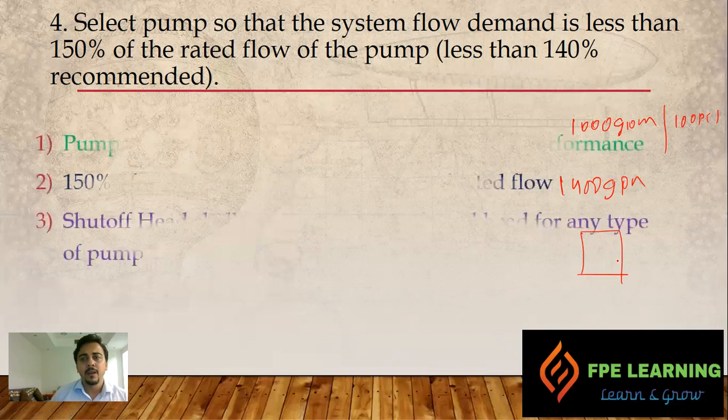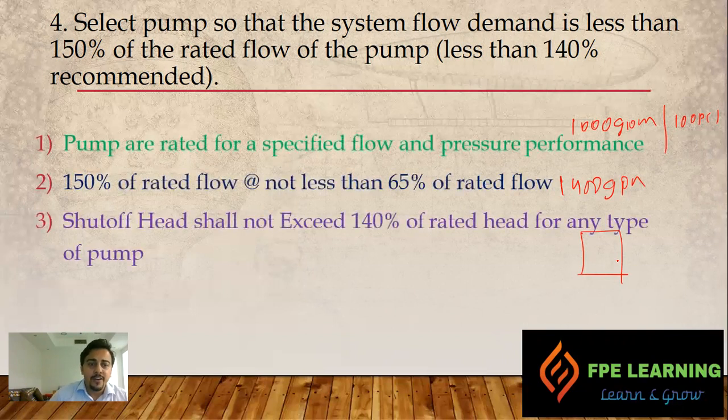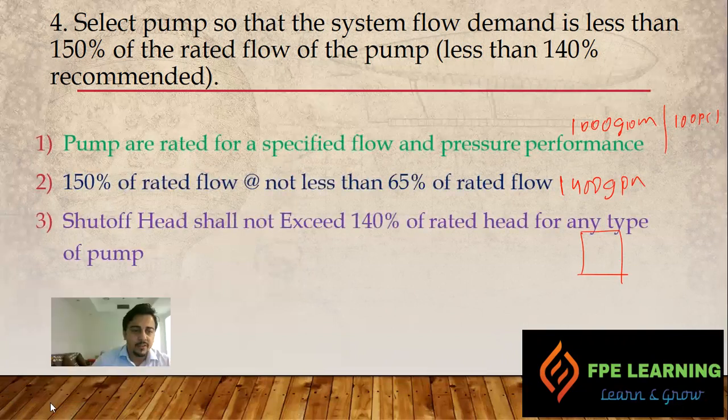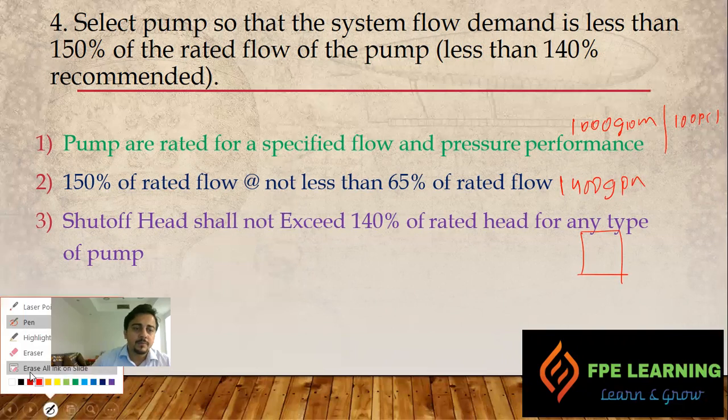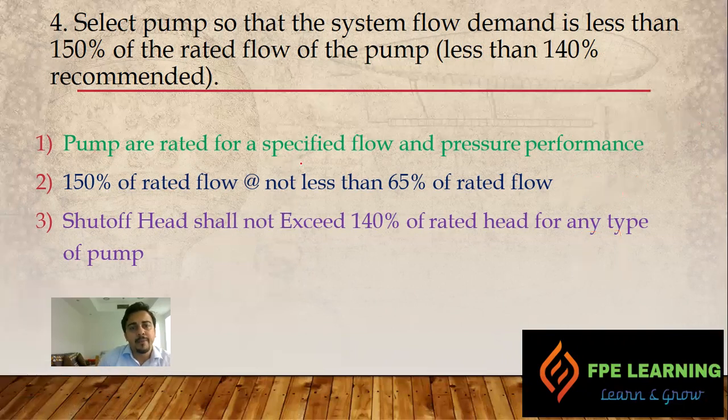Okay, so here are the 3 points that we need to discuss. The first point, the pump is rated for a specified flow. So let's say, as I said, it is 1000 GPM at 100 psi. This is the rating of the pump, and the same pump supplies 150% of rated flow at 65% of rated pressure.